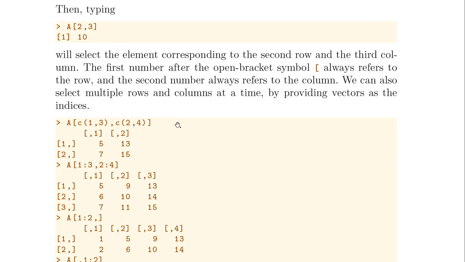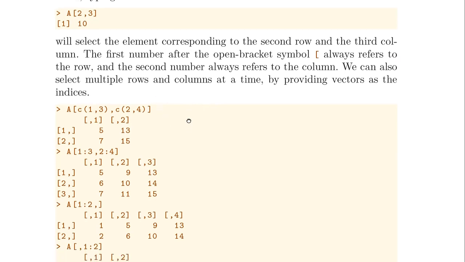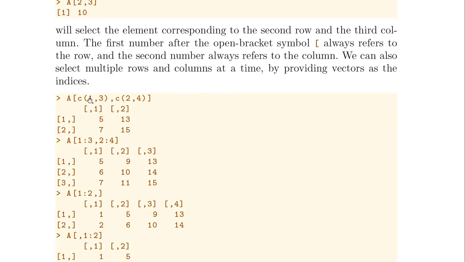We can also select multiple rows and columns at a time by providing vectors as indices. So let's have a look. We're saying matrix A, and we want 1, 3 and 2, 4.